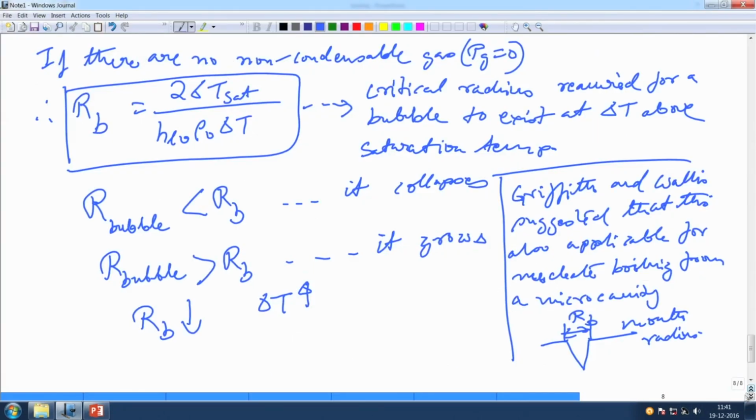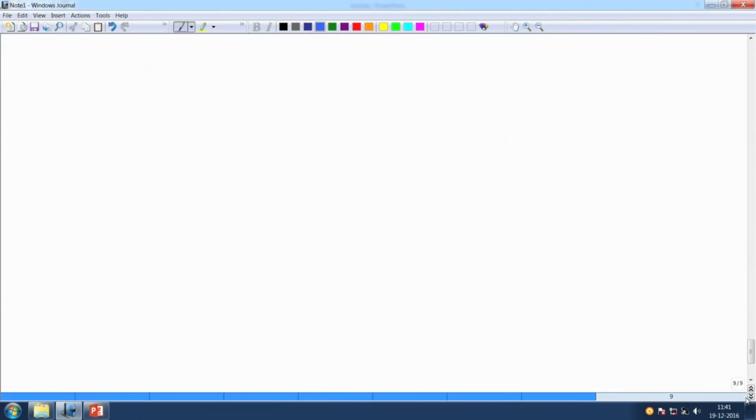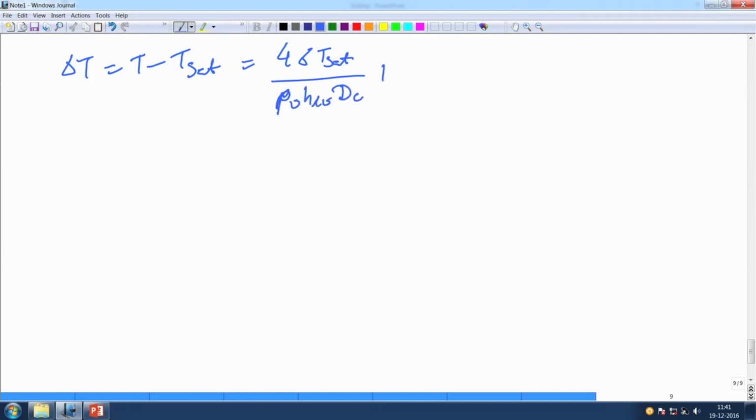If that is the case, then this delta T, written as T minus T sat, is equal to 4 sigma T sat divided by PV HLV into DC into K max. This DC is the diameter of the cavity mouth. So that is the key significance that we have.